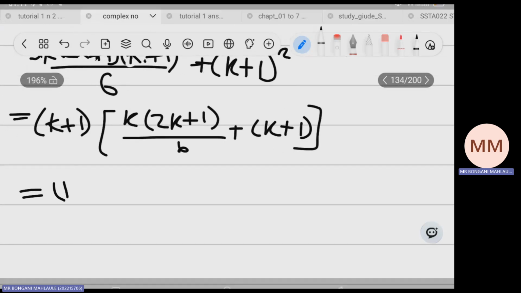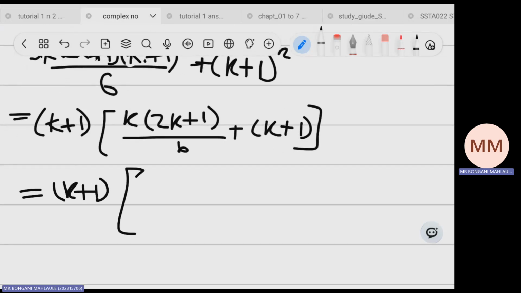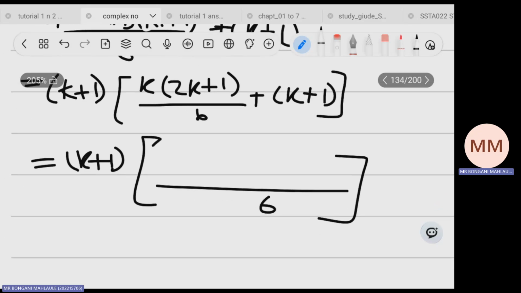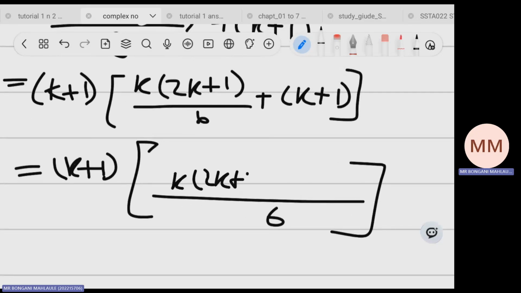So we can just simplify the inner function. I can take out 6 as our lowest common factor. You'll have k, 2k plus 1 plus 6k plus 6.